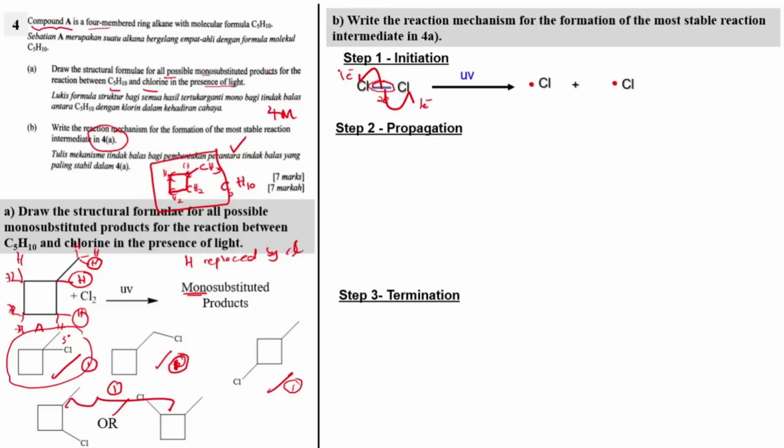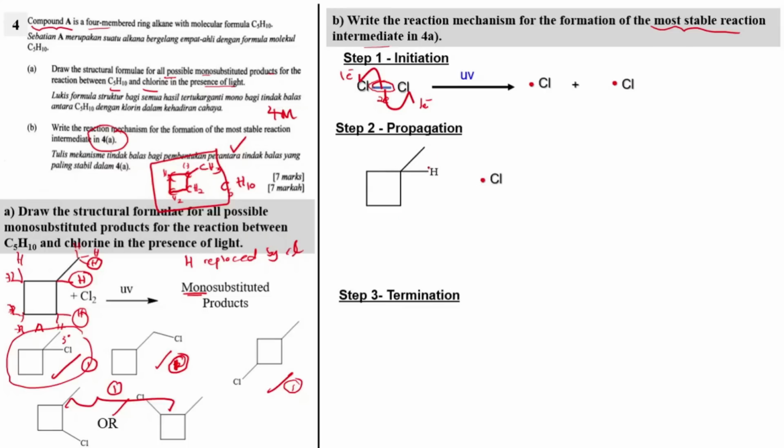For the propagation, we're going to use our chlorine free radical to react with our alkane, with our cycloalkane here. So here is compound A, and we need to focus on this hydrogen because this one is going to produce the more stable free radical. Okay, because it is the more stable reaction intermediate, right? So it is referring to the free radical. So here we're going to react with your chlorine free radical.